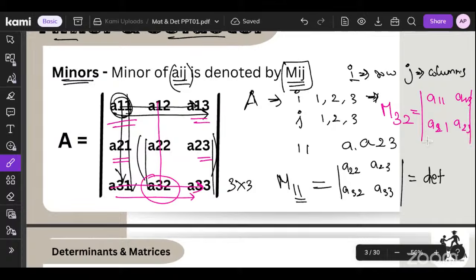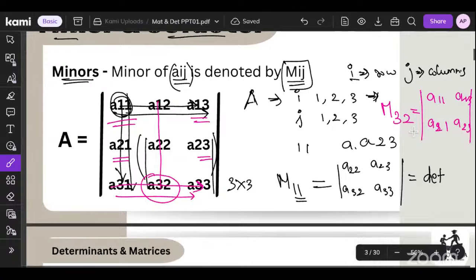Is it clear? This is how we are finding the minor in a matrix.